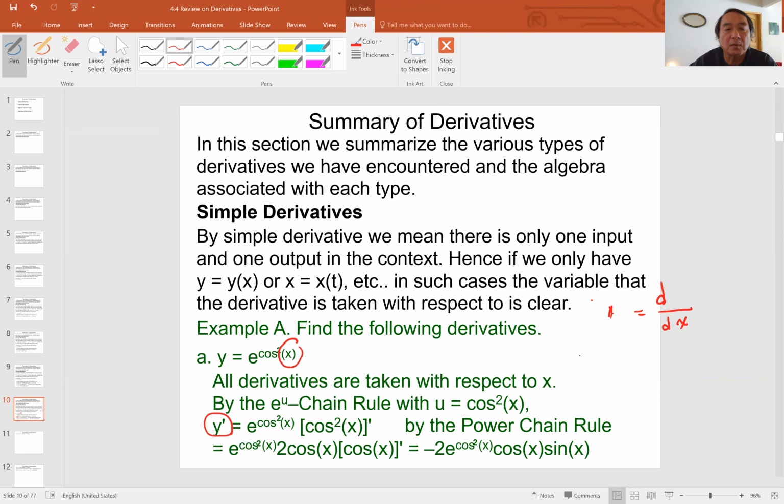The second thing I want to say about this y prime: it's d/dx. In particular, what I calculate is dy/dx, which is the same as y prime. Bear in mind, dy/dx is the ratio of the output to the input.